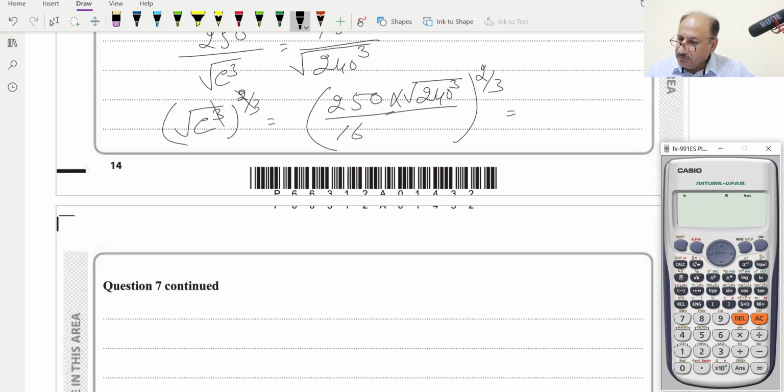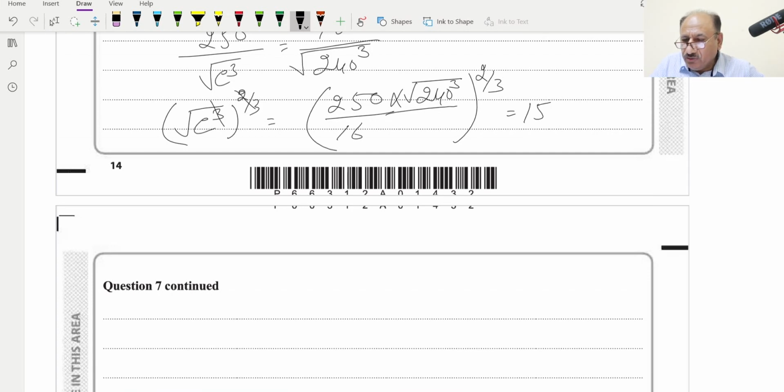This will be a bracket, then the fraction 250 into root of 240 raised to power 3 over 16, and the bracket raised to the power 2 over 3, and this will be equal to 1500.